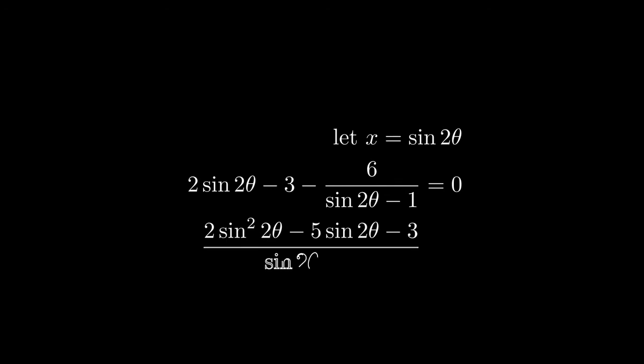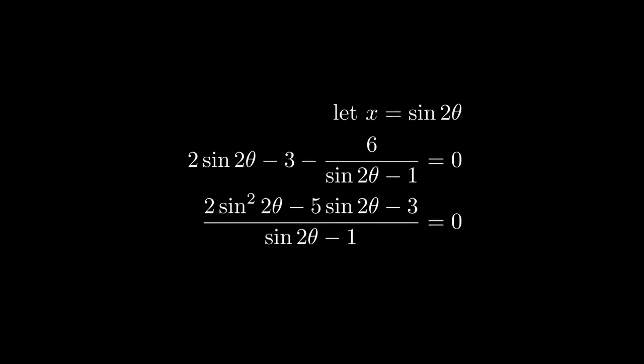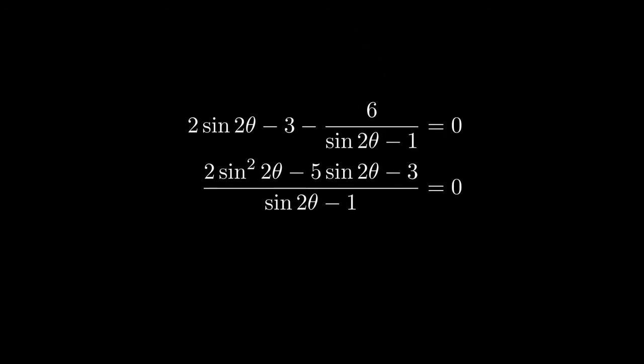So using part A, we can rewrite this as the right-hand side was. This now makes it a lot easier to solve. First thing I'm going to do is factorize the numerator. So this shouldn't be too bad.